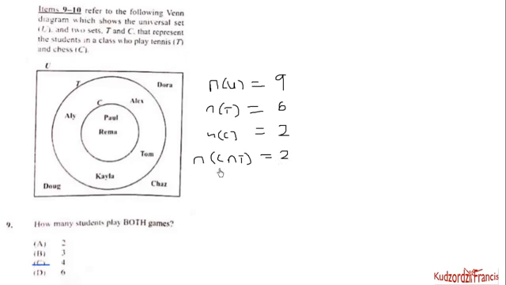So the correct choice should be A. How many students play both games? So that is, if you want to split this like this and this, then you can see that Paul and Rema will be here.